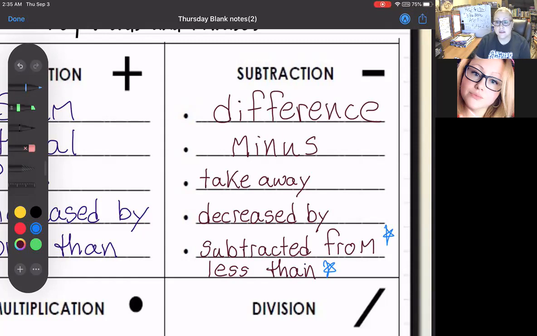So 10 subtracted from 5 really means 5 minus 10, which is negative 5. 10 less than 5 again means 5 minus 10. 5 less than 10 means 10 minus 5. Okay, so you've got to pay attention to how they say it in the order. Okay? Now remember, best part about a video, pause if you need to write these down. And you know Mr. Franco wants you to write these notes down, okay?